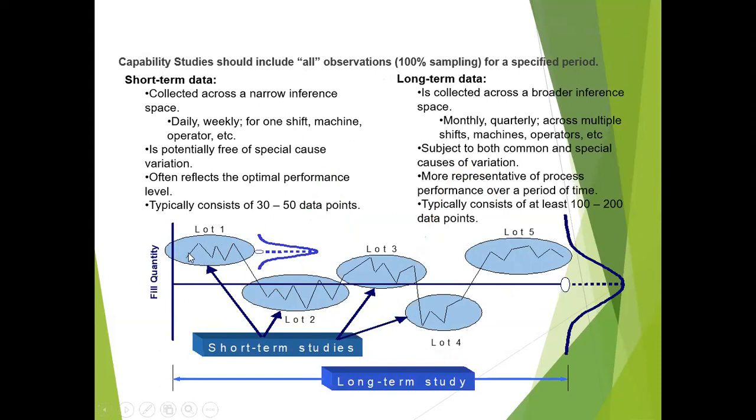In the first 3 months, your data points were somewhere here above the average. And the second quarter, for example, it's come down here. The third quarter came here. The fourth quarter is reflected here. And Q1 of the next year is very similar to the first lot, lot 1. The distribution was here. And this is the long term.